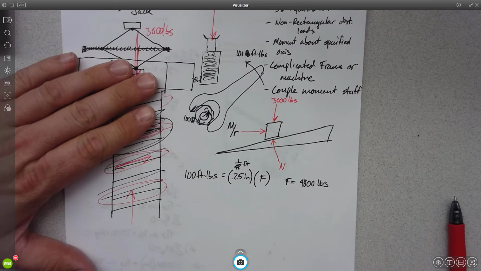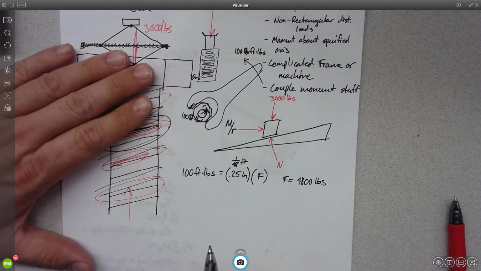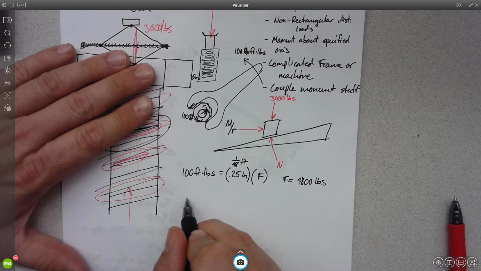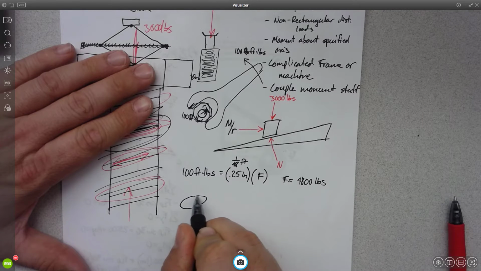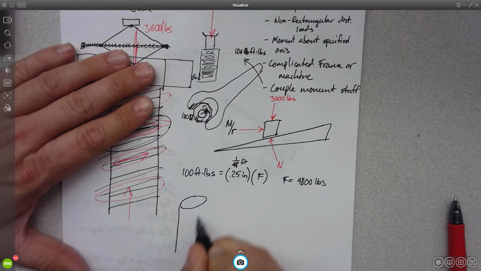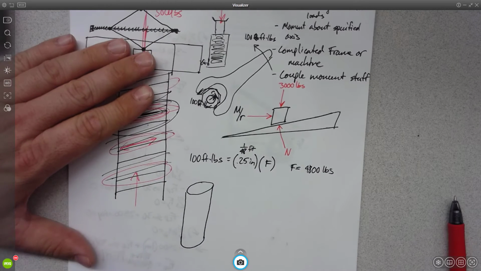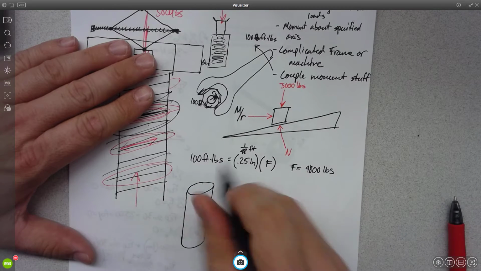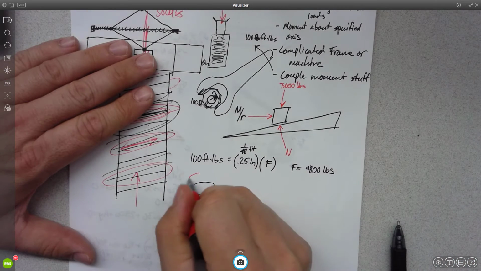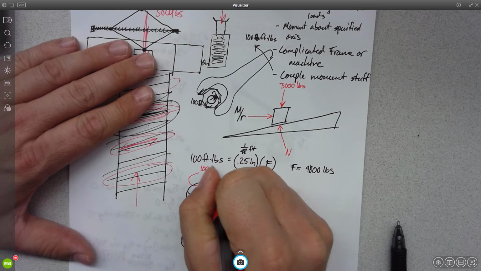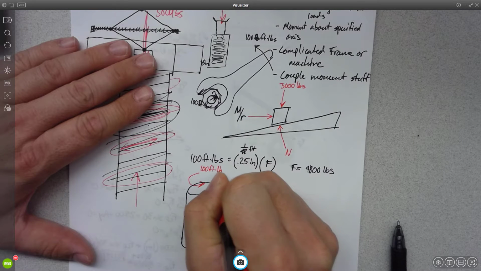Yeah, so let me try a 3D drawing. This is going to get a little different. Here's the screw, or the bolt. And we're saying that we've put 100 foot-pounds on this.